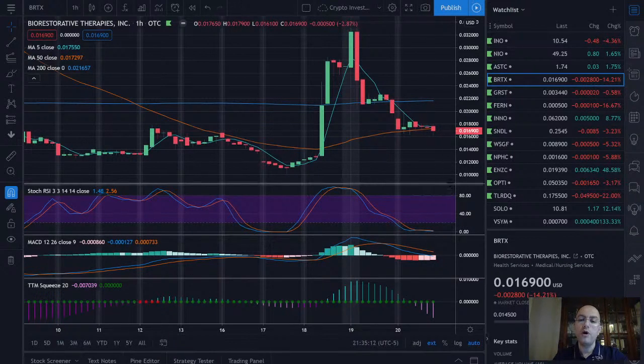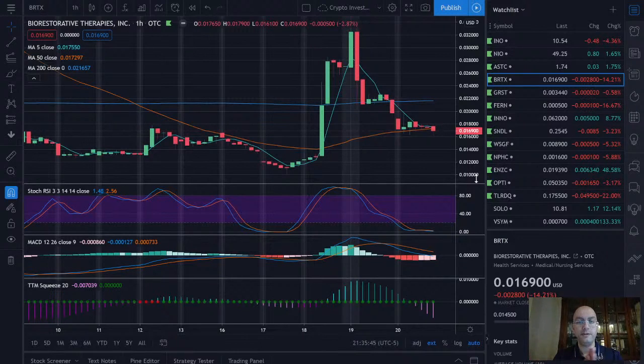When it's above the 80, it is overbought. Traders normally use that as an indicator of whether to buy or to sell. When it's in oversold, we tend to buy. When it's in overbought, we tend to sell.